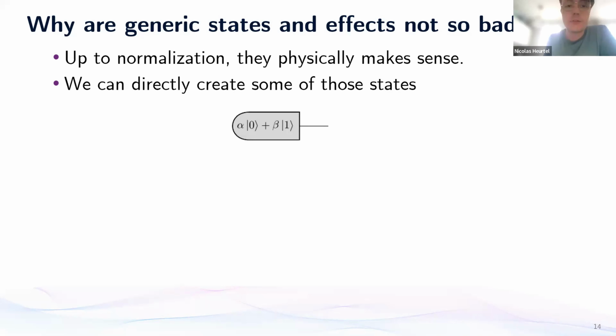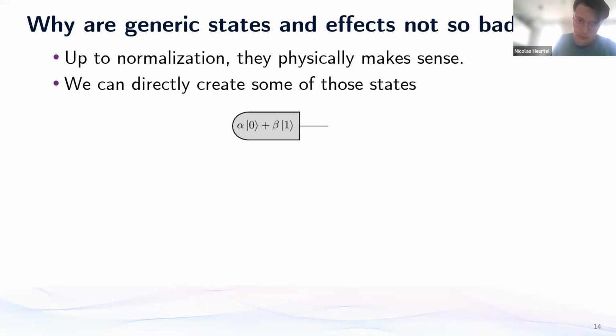Also, some states, even though it's just one photon or two photons, like a superposition of 0 and 1 in one mode, can be directly created. So there are some sources that can create states which are not just one photon, and there is an interest in being able to model that.